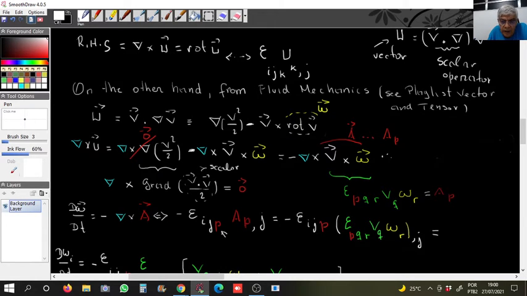Then this comes first over here, which I called attention reviewing the tensor notation, because this is rotational of A, and I exchange P and J over here. So this is minus epsilon ijp.